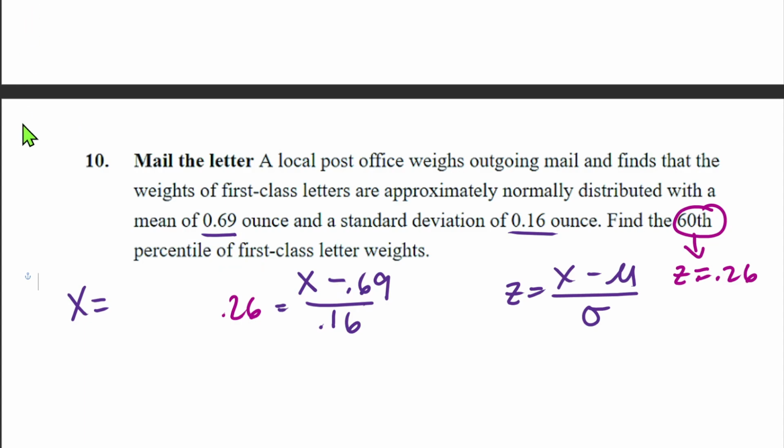The first step is to multiply both sides by 0.16 to eliminate this, and then you multiply these, and then you would add 0.69, and you'll get your x value of a letter. And the x value represents the weight of a letter at the 60th percentile.